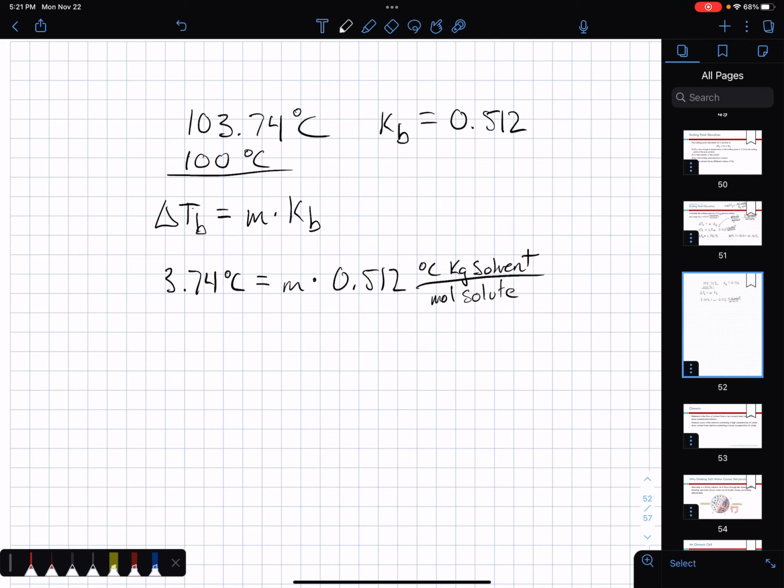Or I could give you the molality and say, what is the constant for this? What is the boiling point constant for water? In that case, I would give you a different solution. Say the normal boiling point is this, the new boiling point is this, the molality is this. Calculate Kb.